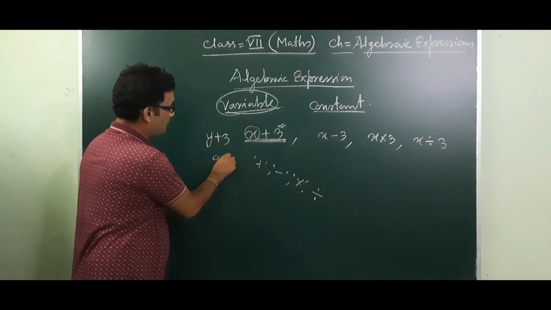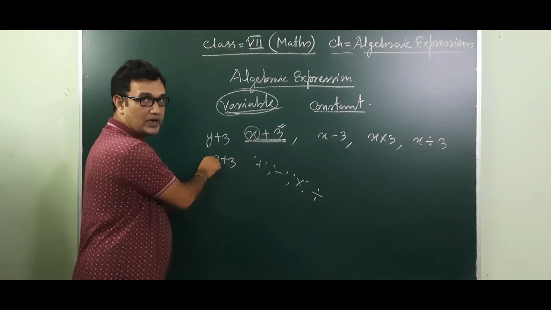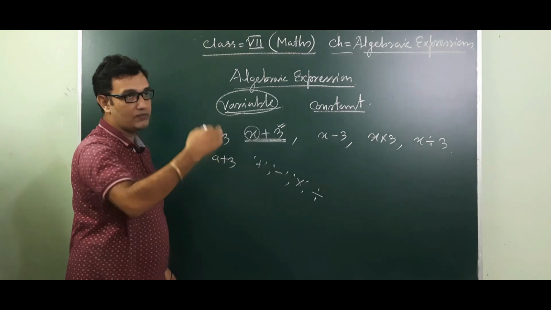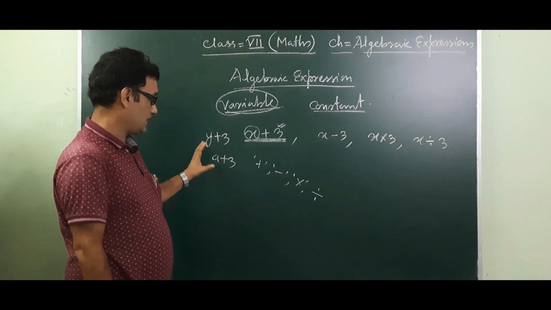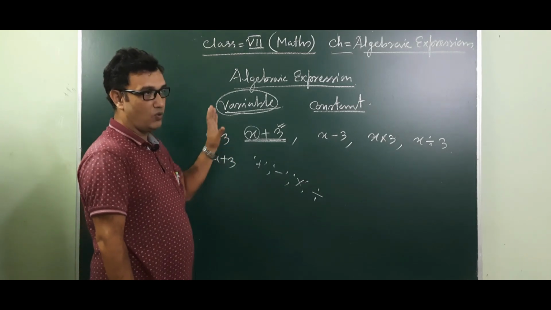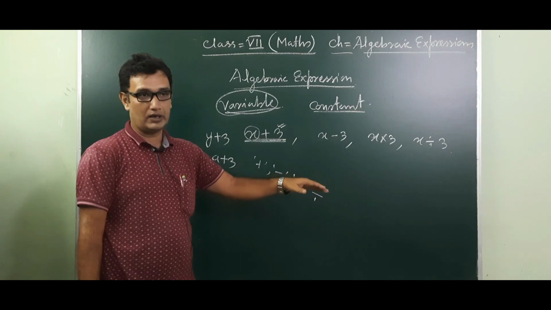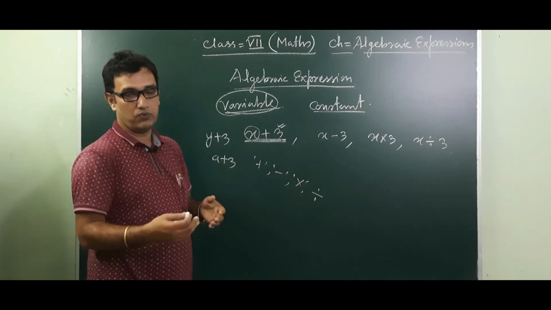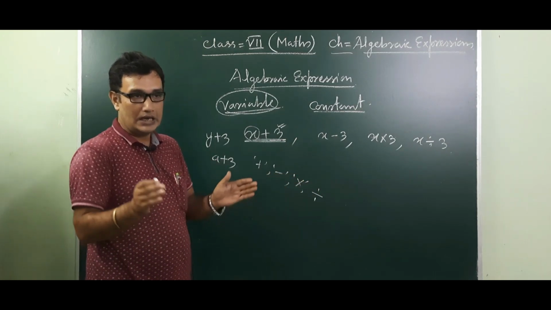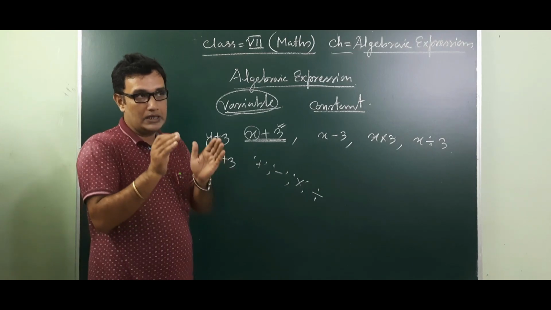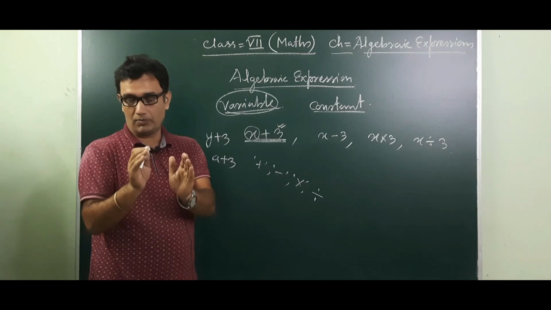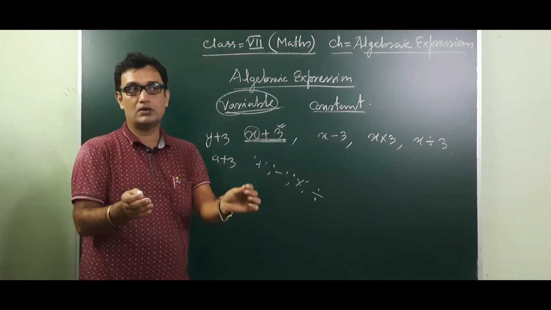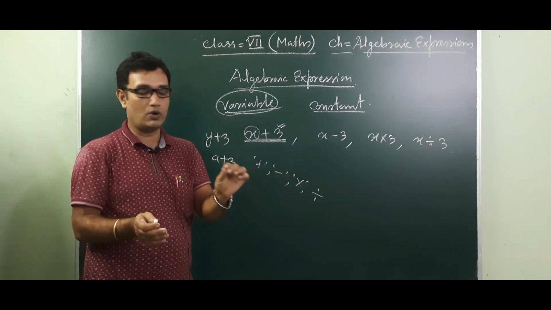We can also write a plus 3, and this a is also a variable. In this way, any alphabet letter you can write is called a variable. And the numerical terms, 3, 4, 5, whatever they may be, are joined to the variables by the four fundamental operations, either plus or minus or divide or multiply.